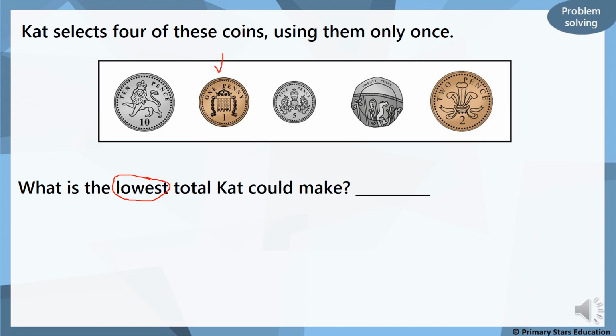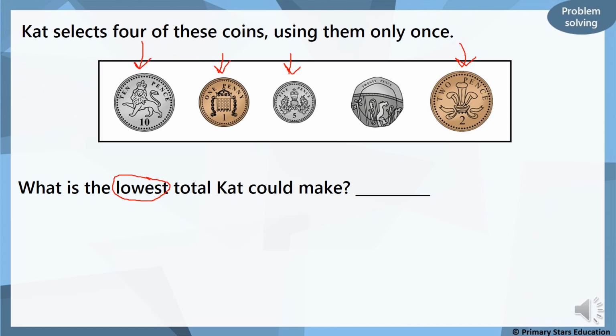We know 1p. We know we've got a 2p. The next coin up from there is a 5p. And then look for the next value. Decide, is 20p more or less than 10p? So it would be the 10p.